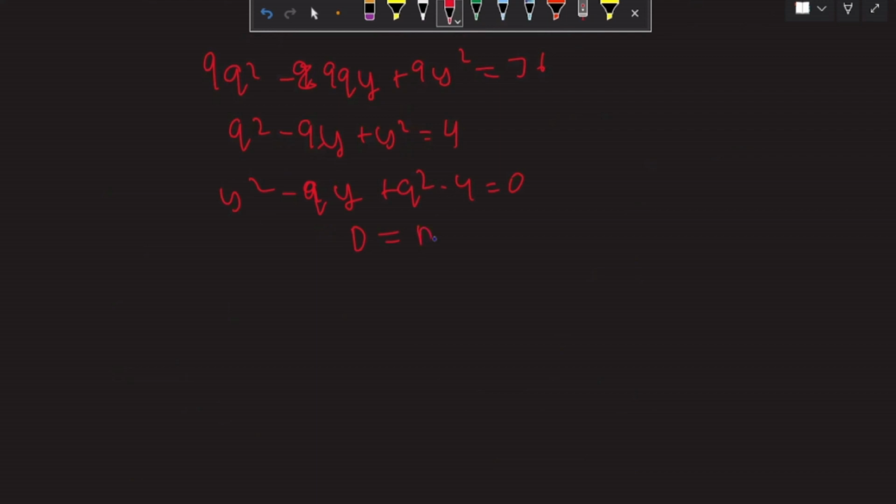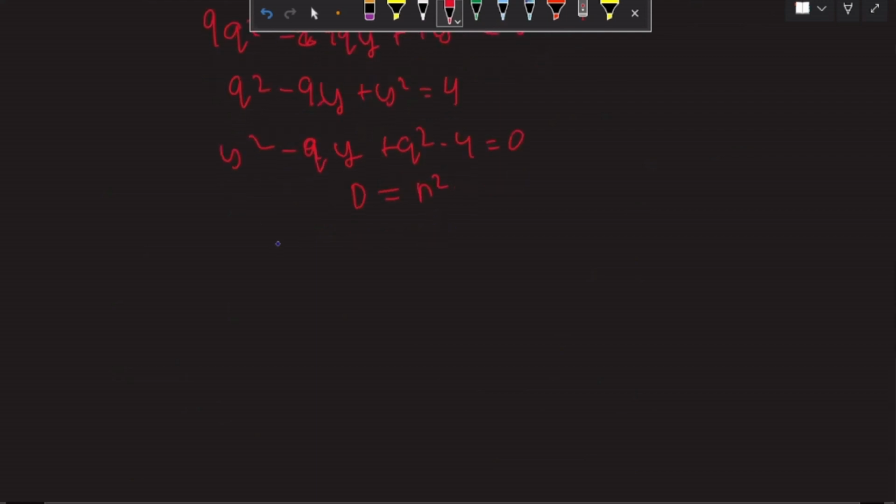Let this be n square. So the discriminant in this case is q square minus 4 into q square minus 4 is equal to n square, which becomes n square plus 3 into q square is equal to 16. And which is a pretty simple casework.